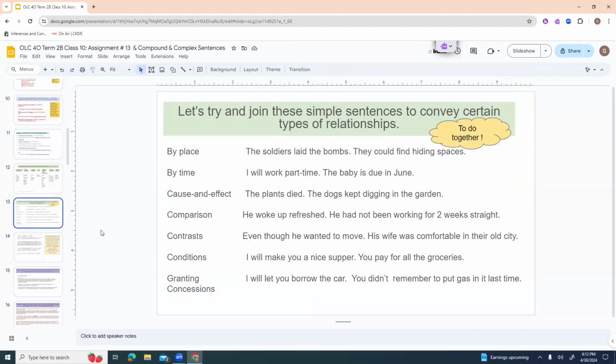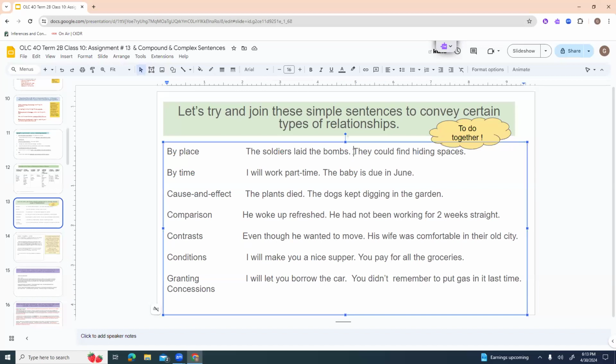Okay. So here we've got two simple sentences, and we've got a way they want us to convey the relationship. And they want us to use a subordinating conjunction that would join those two sentences together. The soldiers laid the bombs, they could find hiding spaces. So they want us to join it by place.